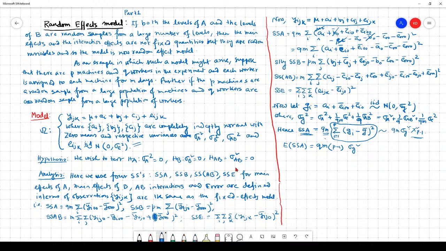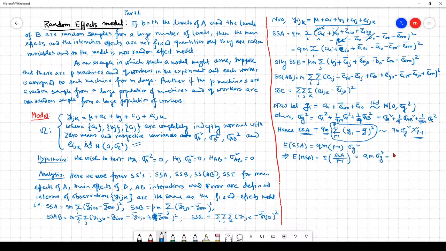So the expectation of MSA is equal to SSA by p minus 1. So this gives qm sigma g square. Now look at the expression of sigma g square. This is equal to sigma A square plus 1 by p sigma AB square plus 1 by qm sigma A square.